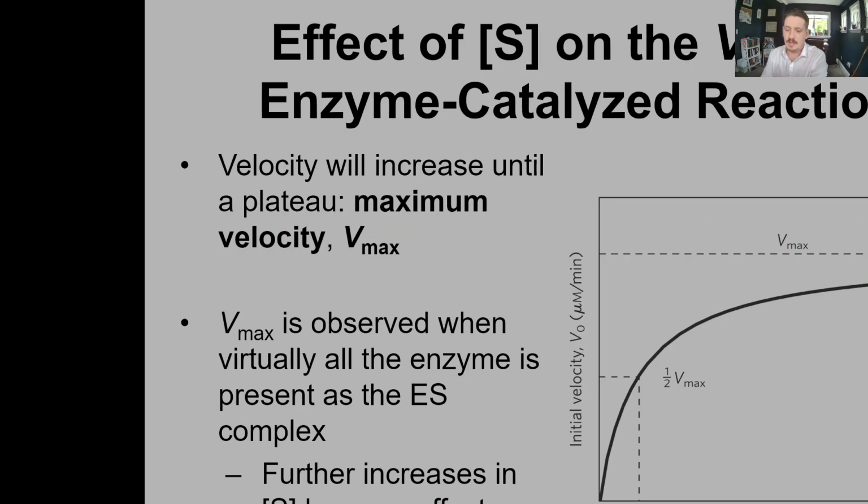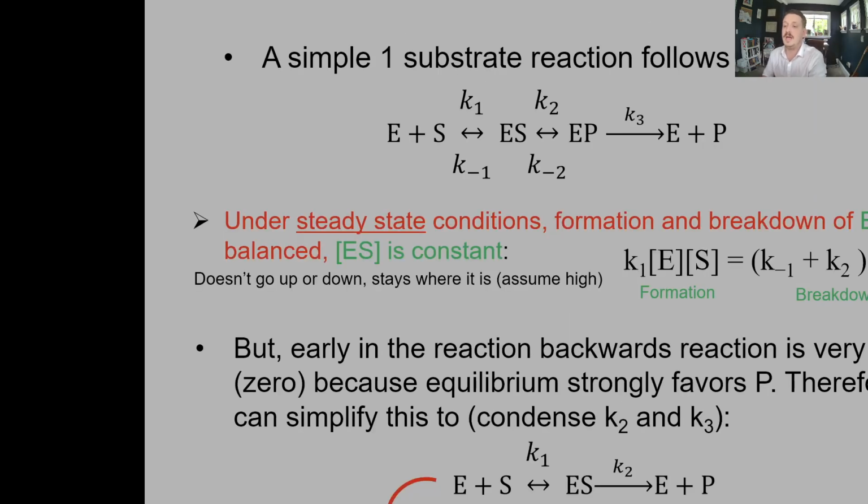So, if we were to now algebraically define these parameters, because as we said, this whole reaction of going from enzyme and substrate to enzyme and product proceeding forwards takes part in several steps, and each of these steps is a reversible reaction.